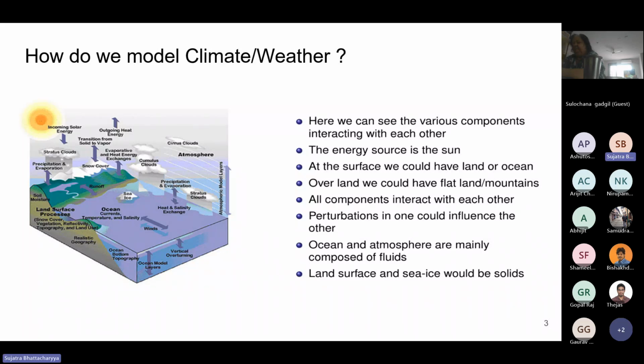I guess there are multiple components which come into the picture. We know that you have energy coming from the sun, you have land, you have ocean, and all the motion that you find in the ocean and the atmosphere comes from the energy from the sun. So that's the source that we are looking at. And there are various subcomponents which come into the picture.